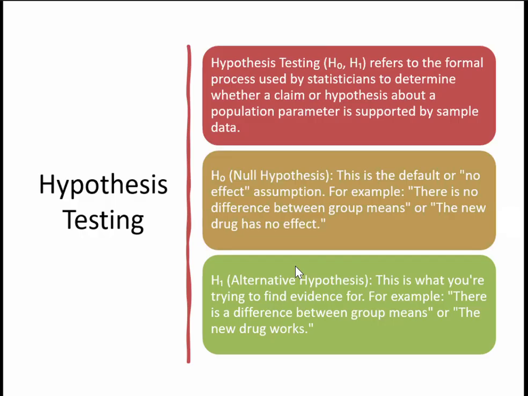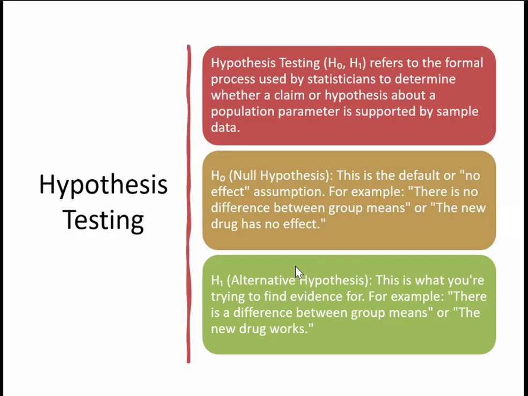I don't know how you can measure blood circulation, but assuming that was my claim, that exercising maybe for 30 minutes a day increases your blood circulation by 20%. So what I want to test is if exercising actually increases blood circulation. That will be my alternative hypothesis. Whatever I want to find evidence for is what I call an alternative hypothesis, or H1.